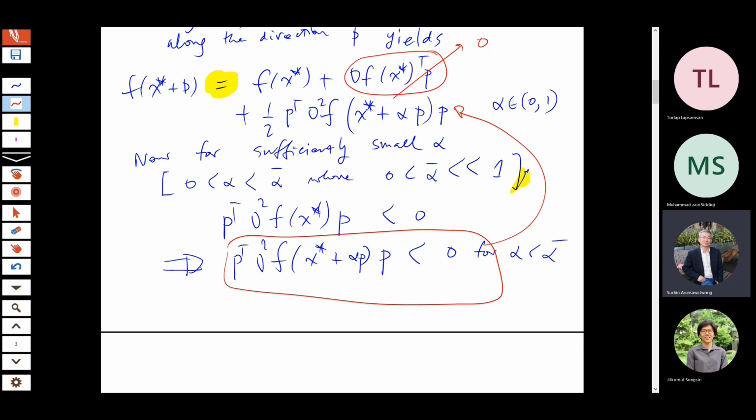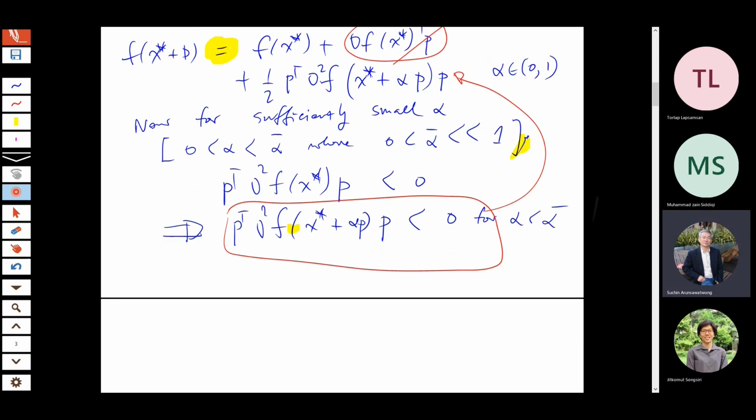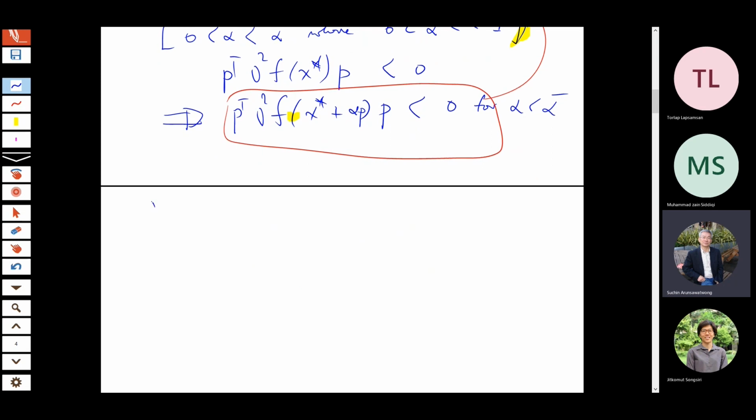From the Taylor's expansion, f(x star plus p) is equal to f(x star) plus something which is negative. So you tell me which one is greater, f(x star plus alpha p) or f(x star)? This term is negative.